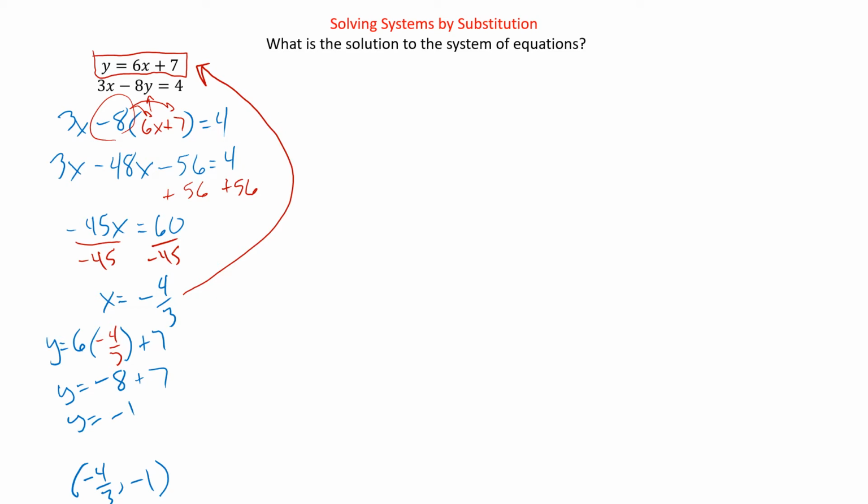When we plug it into the top one, we get y is negative 1 equals negative 4/3 times 6 was negative 8 plus 7 is negative 1. The other one, 3 times negative 4/3 is negative 4. Minus 8 times negative 1 will be plus 8. So we have negative 4 plus 8 is 4.